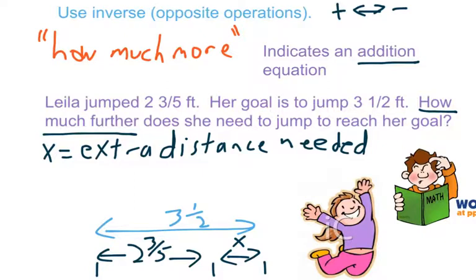Alright, so we have 2 3/5. We're adding x to it, and that gives us the total 3 1/2. So it's easier if you diagram this out. If you're having trouble visualizing that, just draw a picture, like I have done. And I would say 2 3/5 plus x equals the total amount, which is 3 1/2.